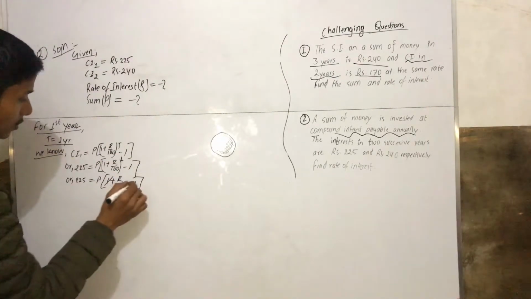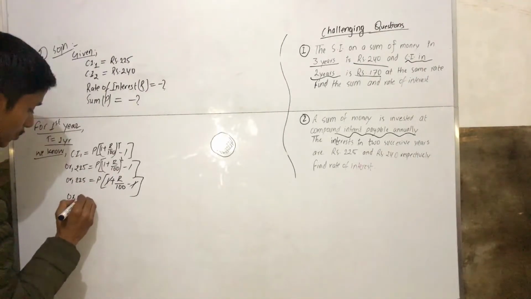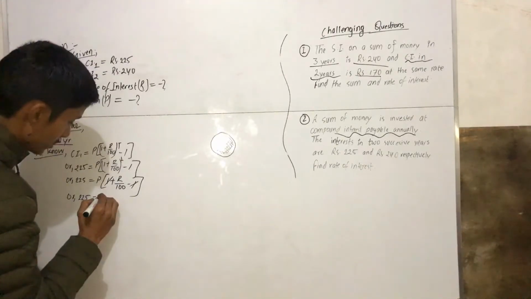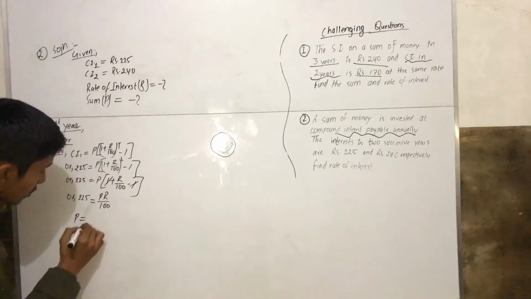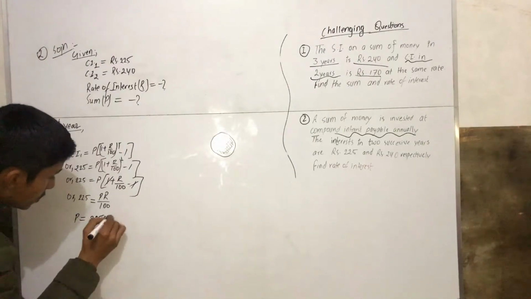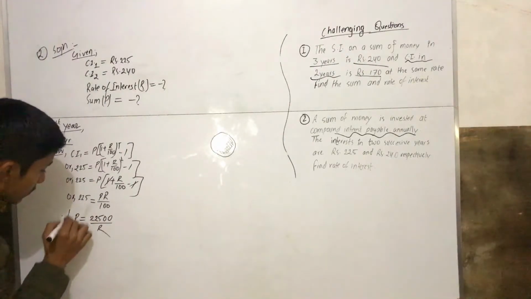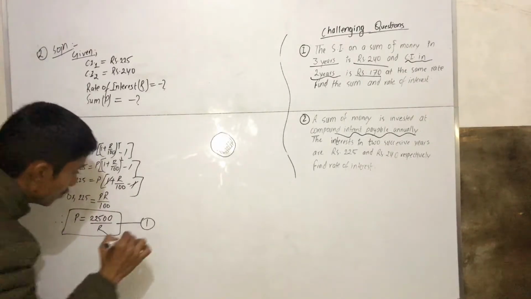So we can cancel these two. 225 is equal to how much? PR by 100. P is equal to 22500 by R.